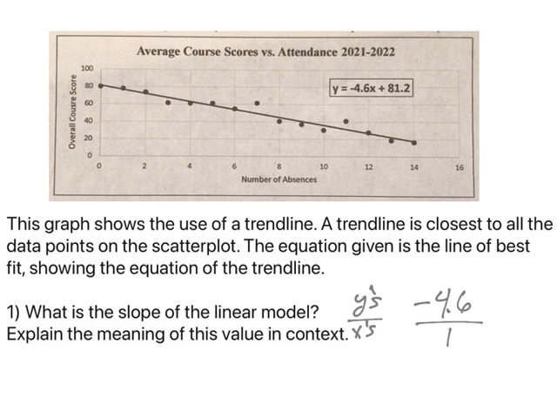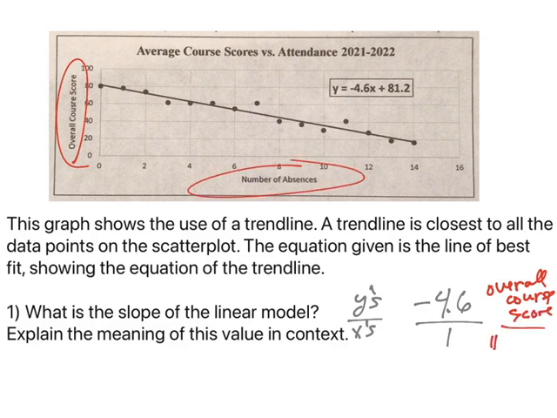Now, what do the y's stand for? Well, the y-axis is overall course score. The x's represent the number of absences.